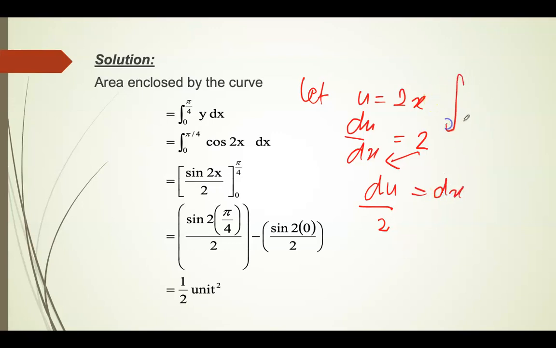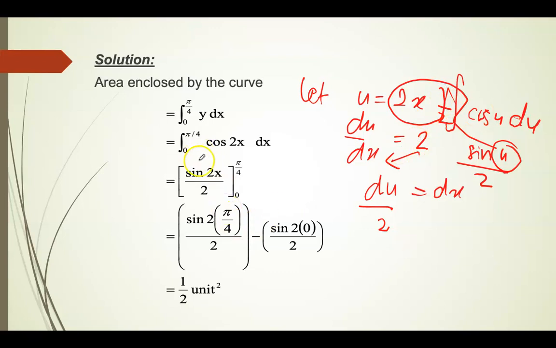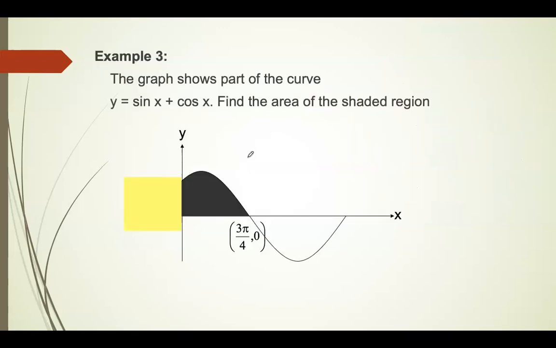So you get a new integration of cos u times 1 over 2 du, which results in sine u over 2, but u right now equals 2x. That's how you got sine 2x over 2 from 0 to pi over 4. Substitute those values in and you will get your answer.